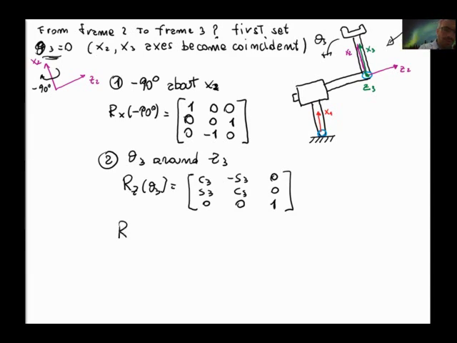Finally, to compute the total composition of the two rotations, which is the one that we need to represent frame 3 orientation with respect to frame 2, it's the composition of what?